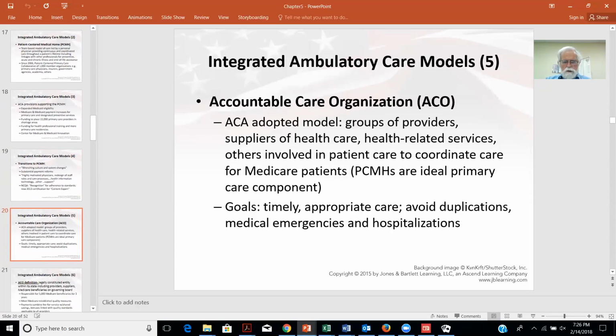We have the Accountable Care Organization, which is basically a group of providers that take care of the patient, and the patient-centered medical home is a component of that.